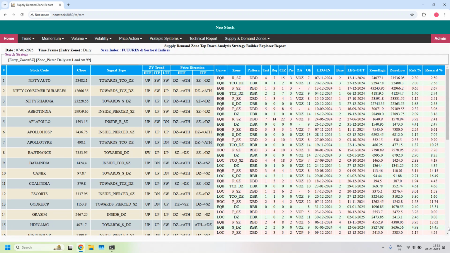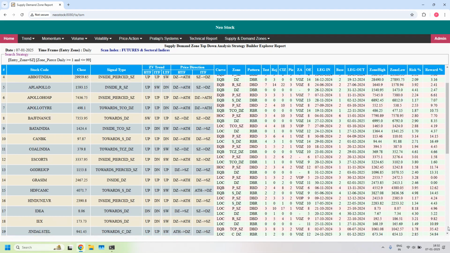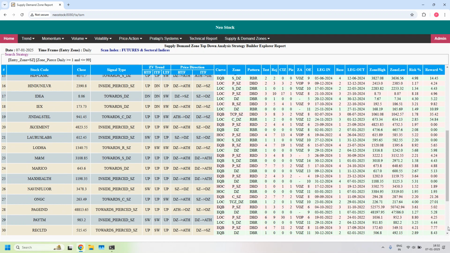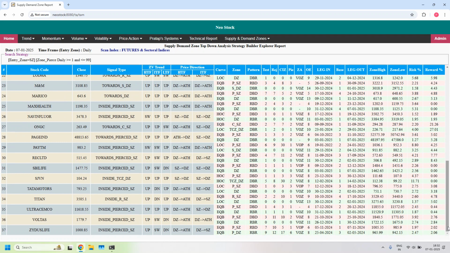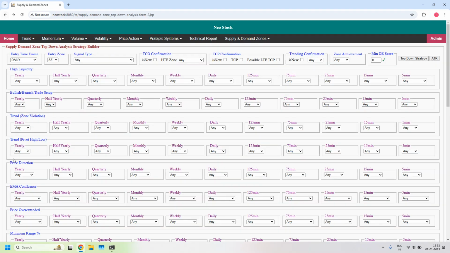I am scrolling the list down. So total 37 stocks are filtered. Let us verify out of 37 how many of these daily pierced supply zones are having EMA confluence.